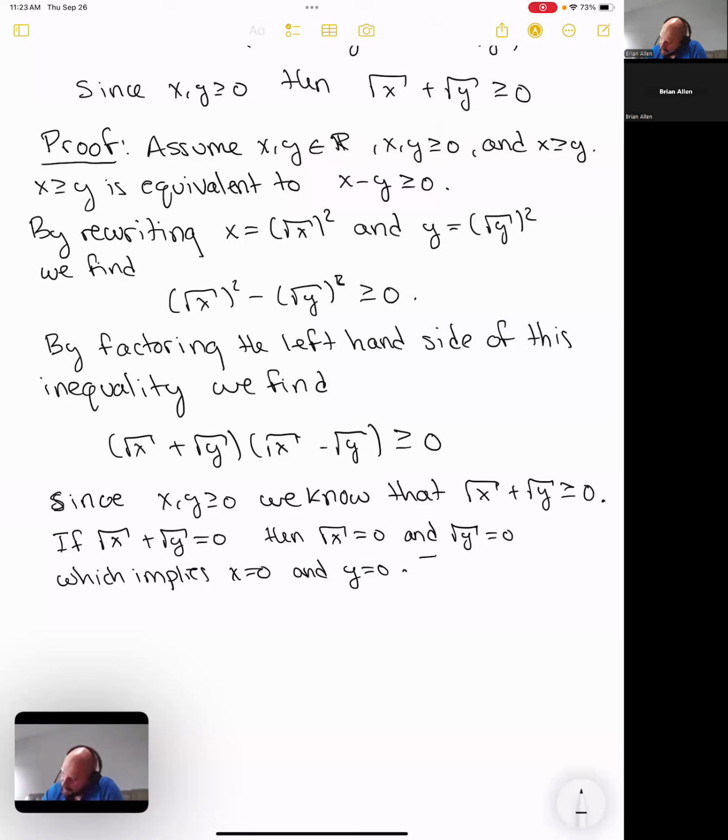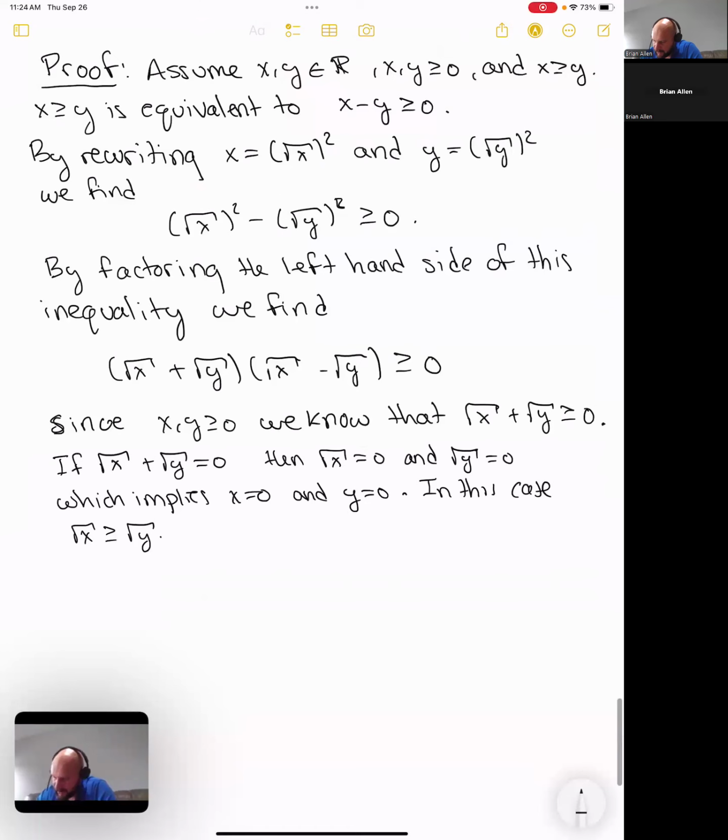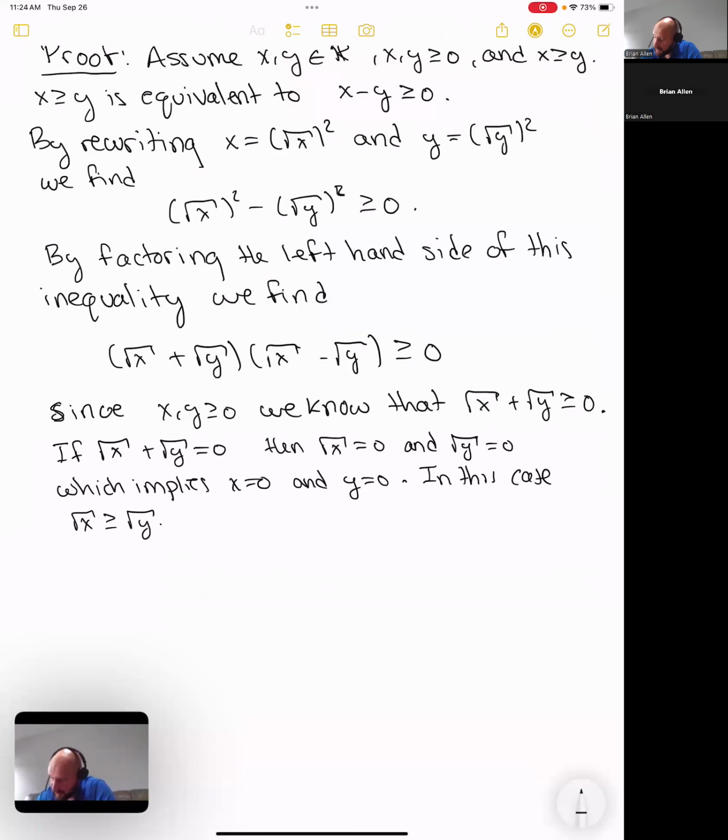And we just want to notice that in this case, square root of x is clearly bigger than or equal to square root of y. Okay, now we're technically doing a proof by cases now, but in this case, I'm not even separating it out because I consider it a very trivial edge case that we just need to notice to the reader that if they're both 0, then this is clearly true, right?